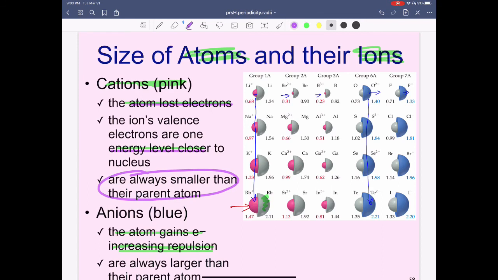Again, well worth remembering that anions are always larger than their parent atom, but that can't ever be used as the reason. We need to be sure and come in and talk about the increasing repulsion due to the added electrons.